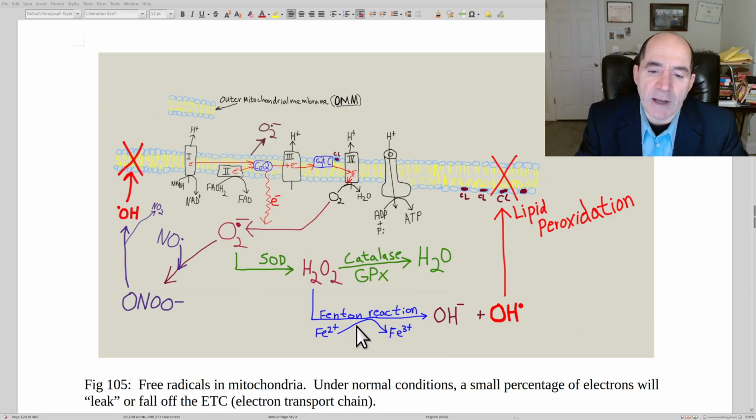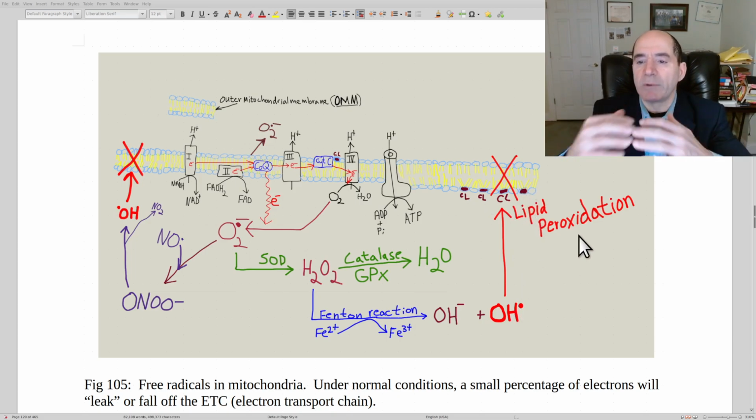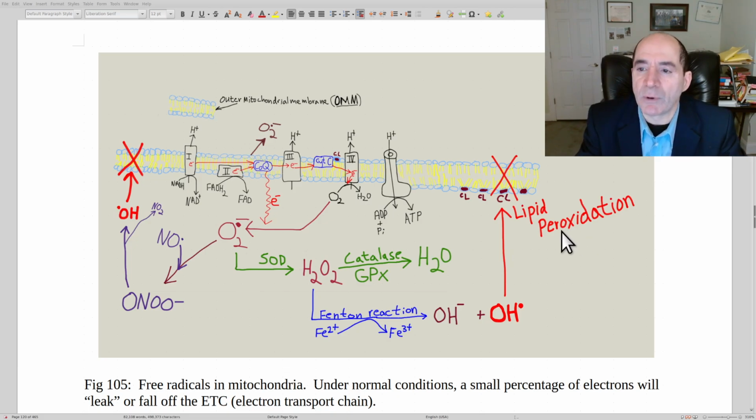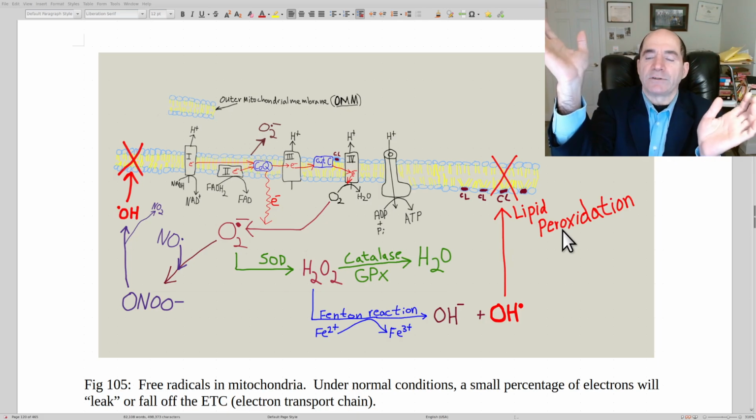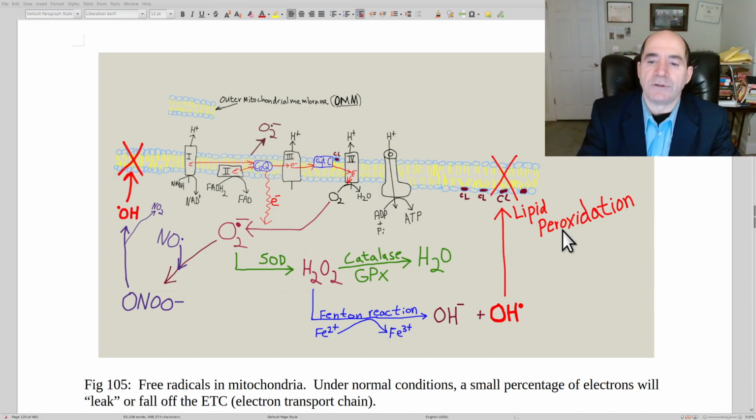Well, anyways, if you've got free iron sitting around in the mitochondrial matrix, it can run a reaction with the hydrogen peroxide and convert it into these hydroxyl radicals, which are very damaging, and they can react with the inner mitochondrial membrane and cause a chain reaction of what's called lipid peroxidation. This is a form of oxidative stress. When the oxidants are higher than the antioxidants, then they can go around causing chain reactions that damage membranes, damage DNA, damage proteins.